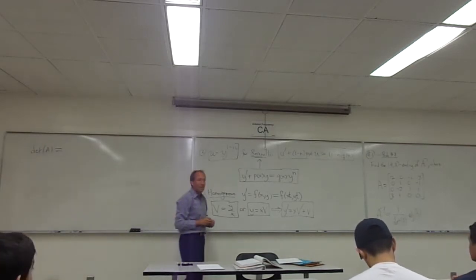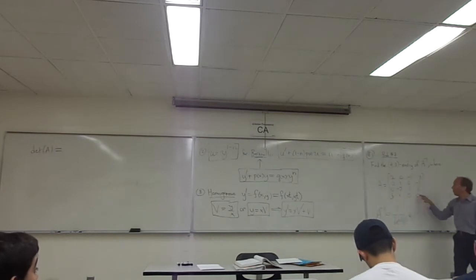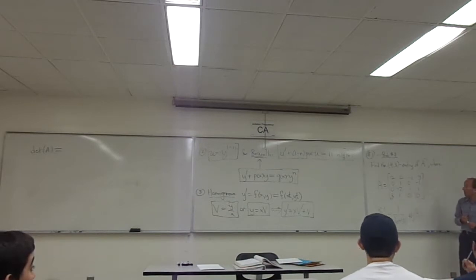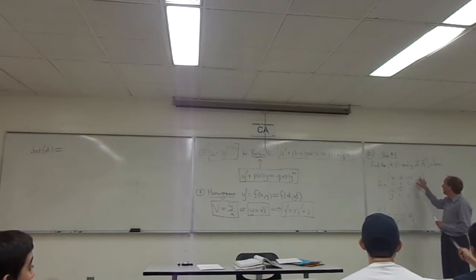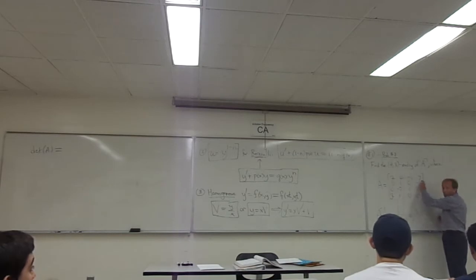Cofactor expand the bottom row. Okay, Brandon wants to cofactor expand row 4. Why did you pick that row? More zeros? Okay, there's quite a few zeros there, right? Well, if you do the top, you're right, you'd love to have more zeros in what's left after you do the crossing off, but the thing is, you'll have more terms.